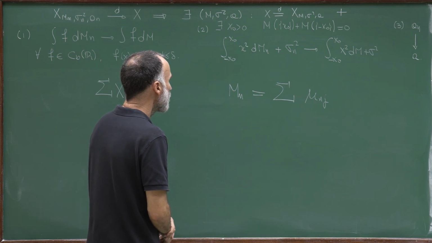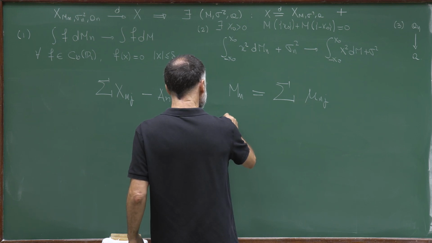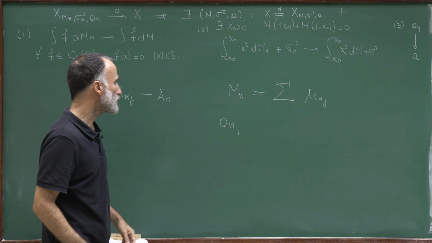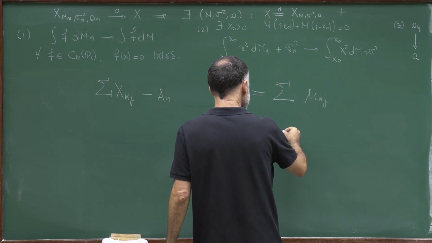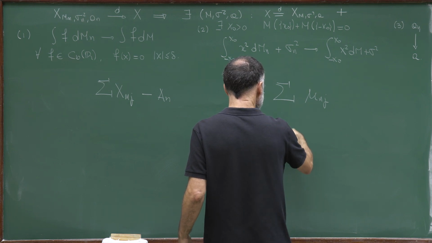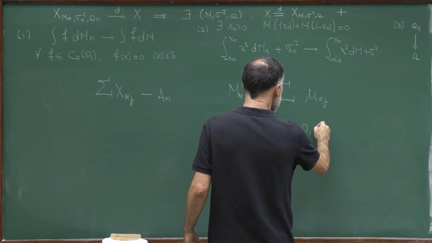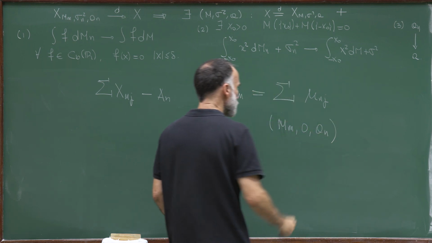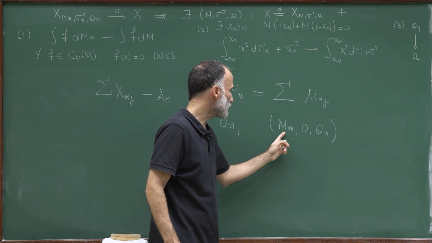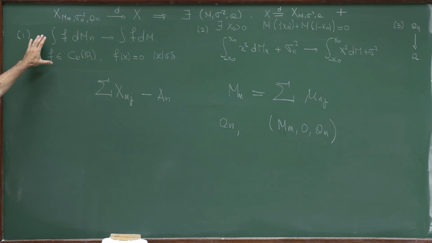And the problem is reduced to finding a sequence a_n, associated to that sequence, such that the triple M_n, 0, a_n satisfies these conditions.